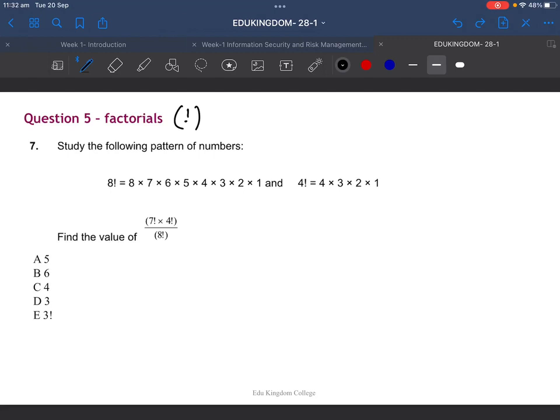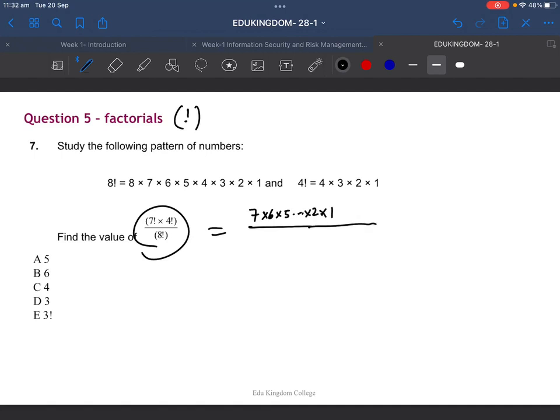So here we have the question: 7 factorial times 4 factorial over 8 factorial. This looks increasingly difficult as we go, doesn't it? Now, don't be scared, because essentially this is what it looks like. On the top, it's going to be 7 times 6 times 5 and so on, all the way times 2 times 1, for 7 factorial.